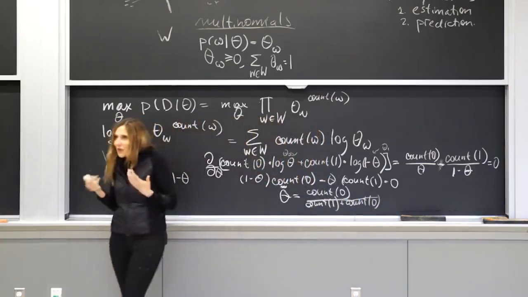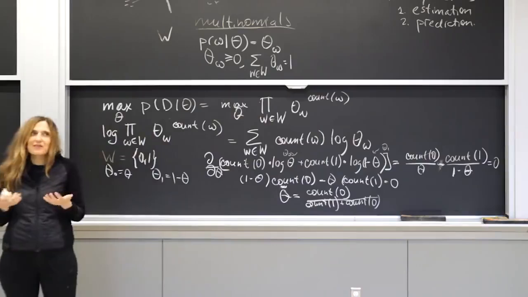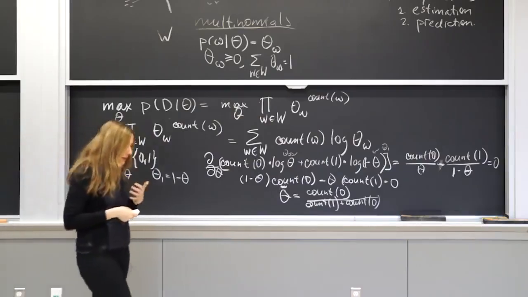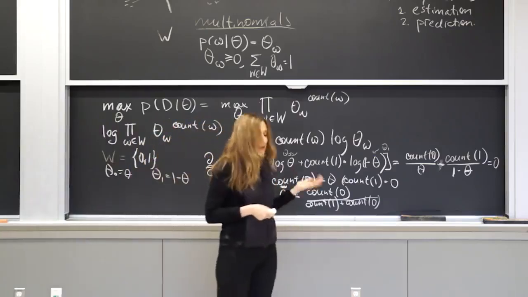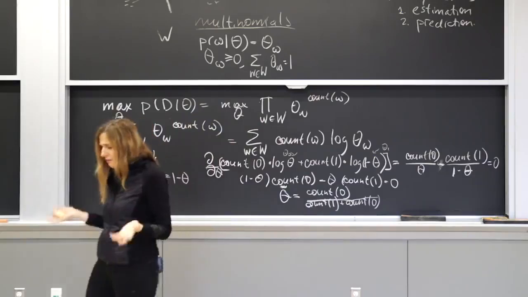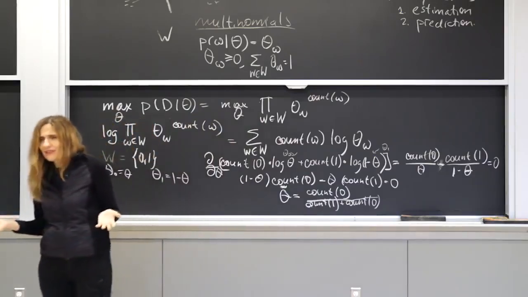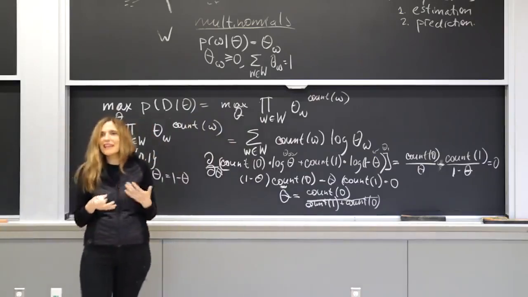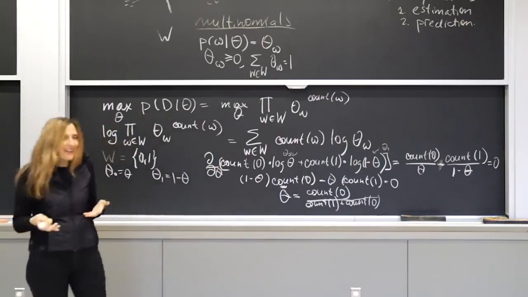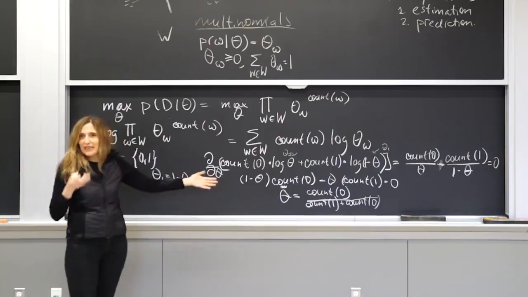This is kind of an obvious thing, so it looks weird. You say, okay, I have a document which has 20 zeros and 10 ones. So what is the likelihood of observing 0 here? It would be 20 divided by 30. And that's exactly what this formula says.